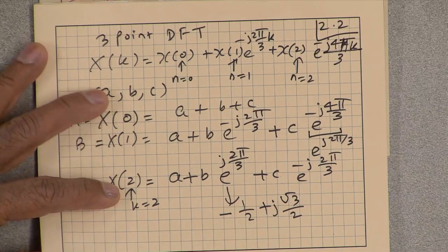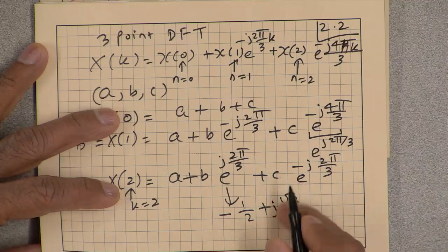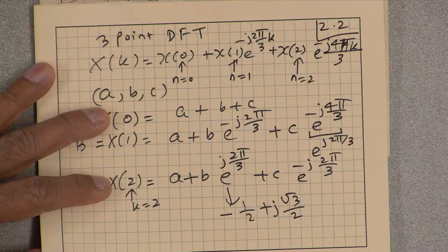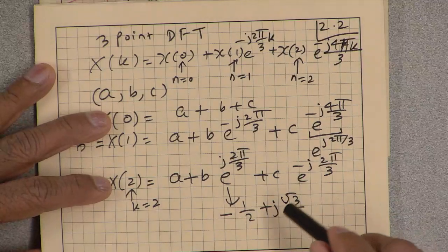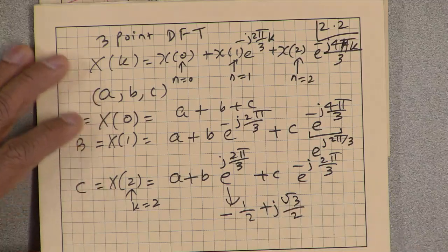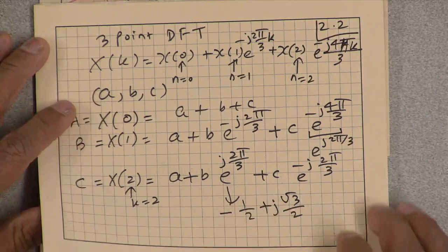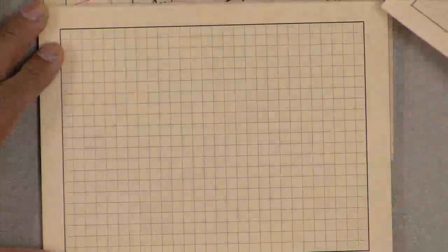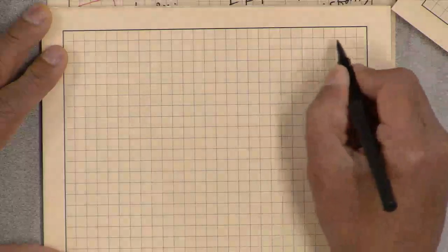You can shift right by 1 bit. So ultimately this whole 3-point DFT will involve 2 multiplications by root 3 by 2. Okay, that's kind of part of your homework. You will play with that. I will leave it at that.